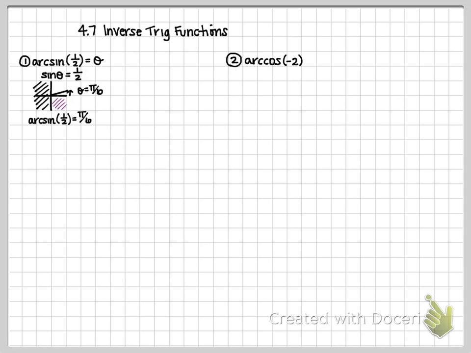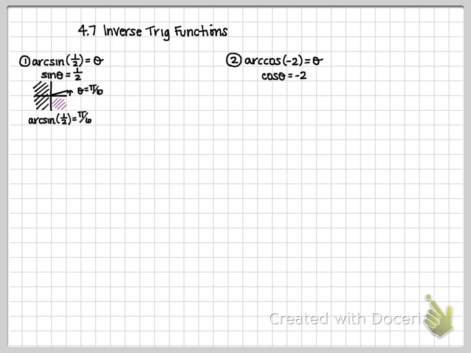All right, let's move on to the second one. So arc cos, so whenever we have an arc on the outside, we're actually looking for an angle. So this says that cosine of some angle is -2. So I ask myself, is this even possible? No, this is definitely not possible.